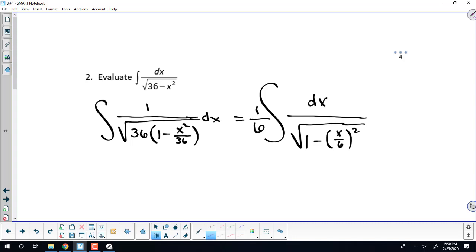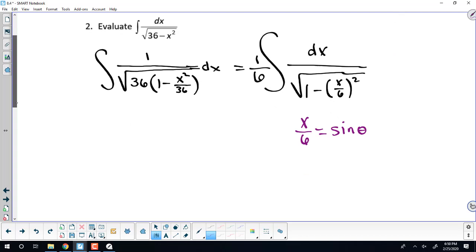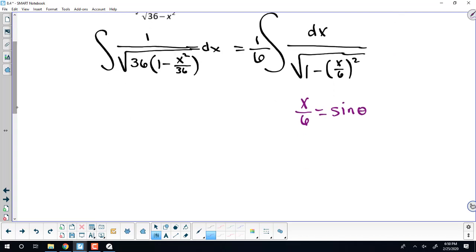So our substitution should be what? Sine again, yeah. It's 1 minus a square. We want x over 6 to be sine theta. So then what is dx? 6 cosine theta d theta.